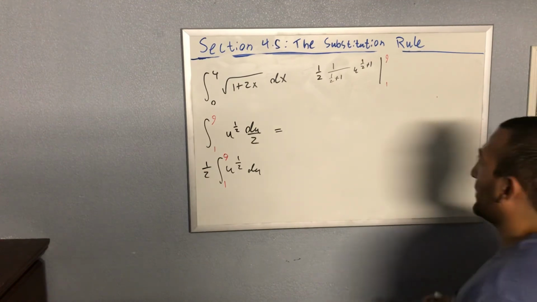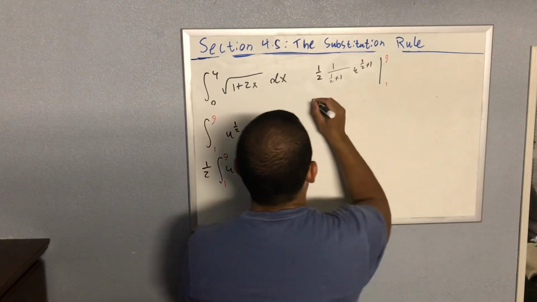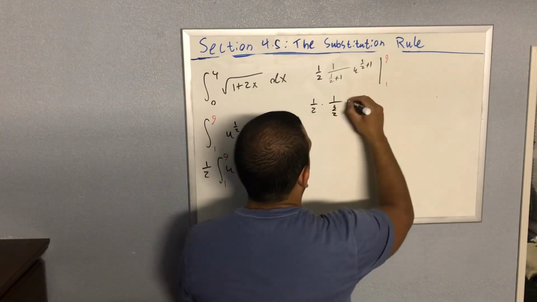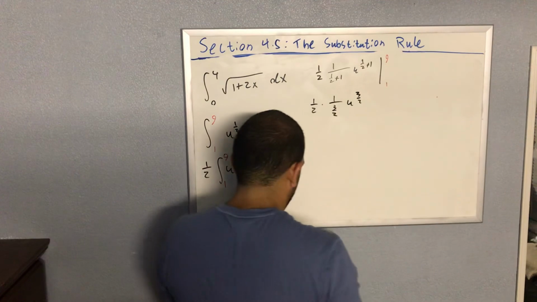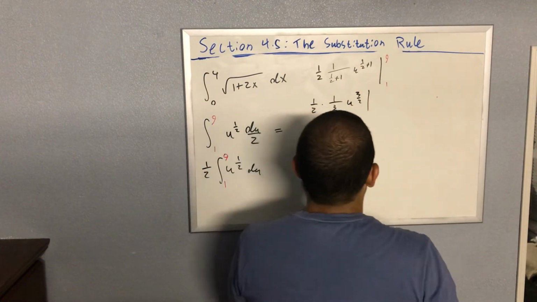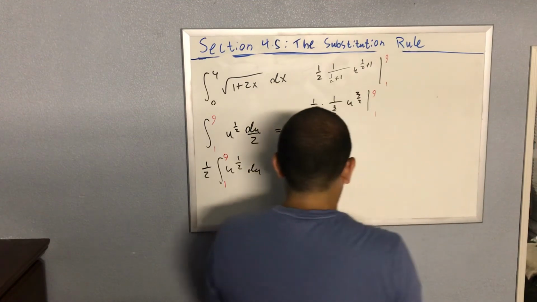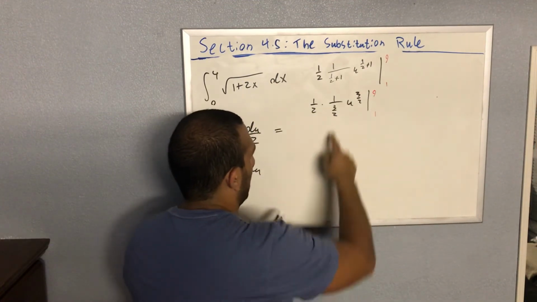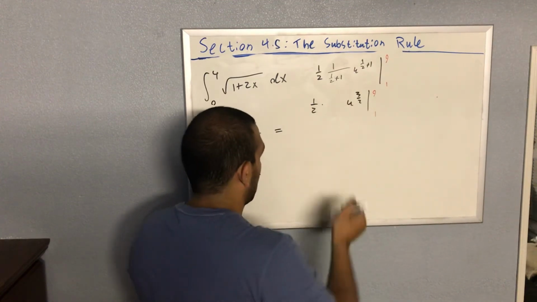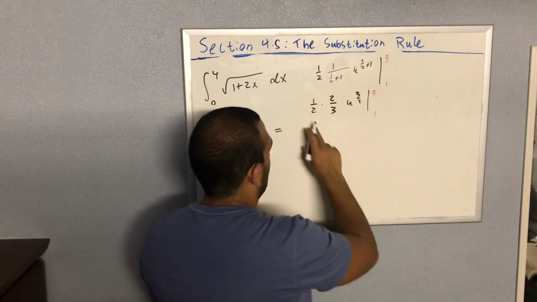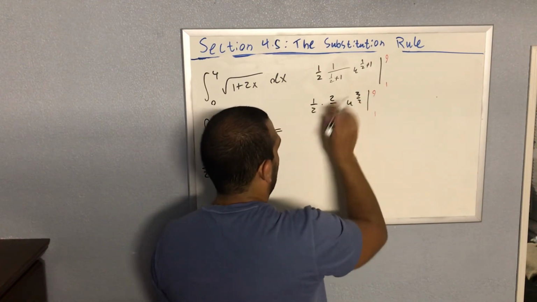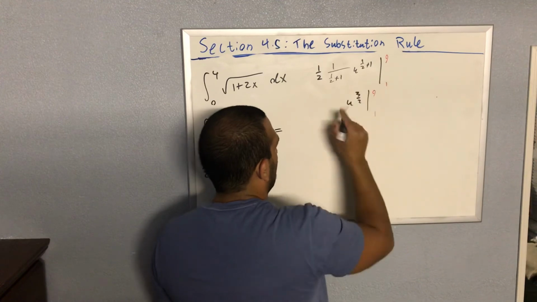So this is 1/2 times 1 over 3/2 u to the 3/2 evaluated from 1 to 9, which 1 over 3/2 is 2/3. So this is 2/3, and then 1/2 times 2/3 is just 1/3. So these cancel, and you just get 1/3.